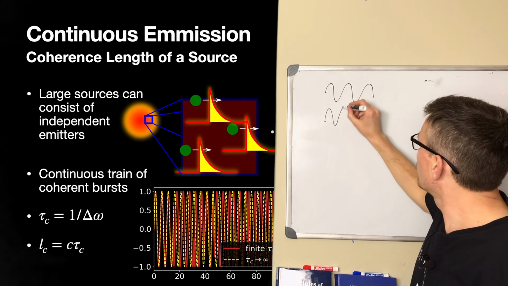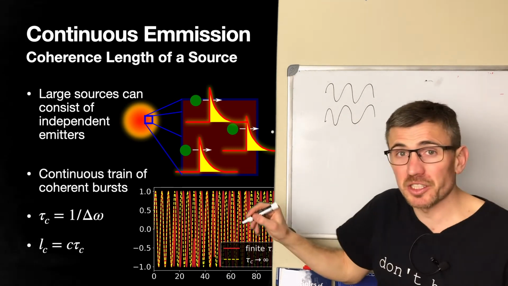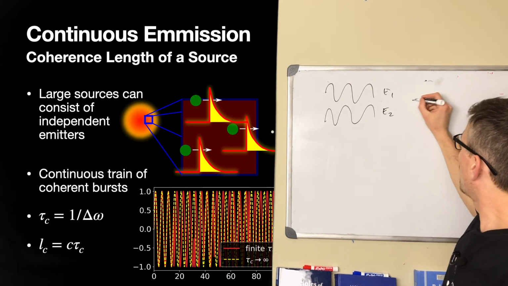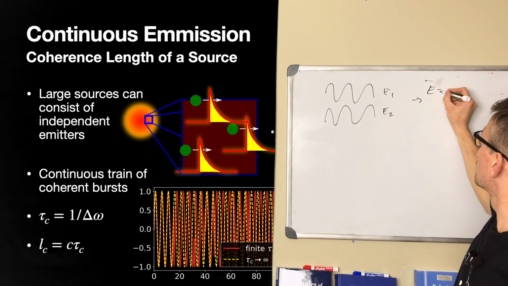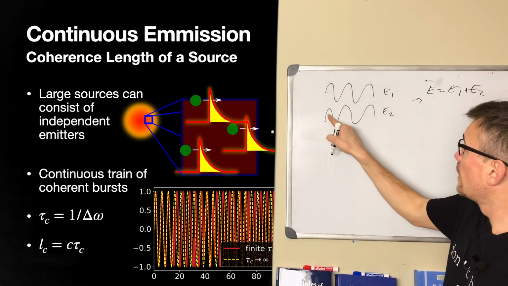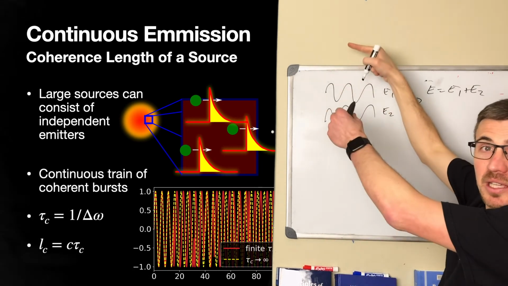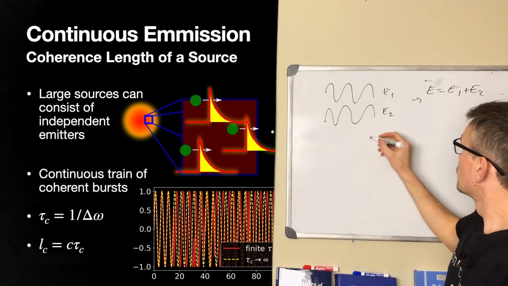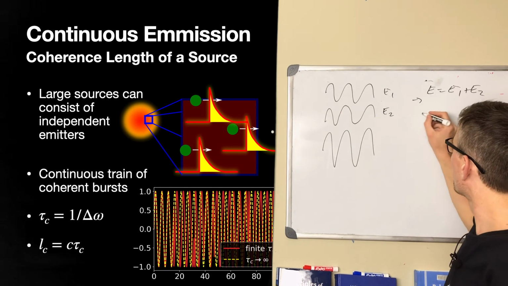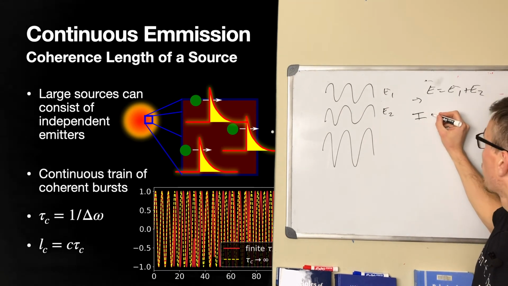and they're perfectly in phase, I can use the superposition principle, E1, E2. I can just add them up. So E is equal to E1 plus E2. And at all times, they're waving up together and waving down together. So I'm just going to get a sinusoidal wave, if they're completely lined up, which is twice as big. And remember our intensity?